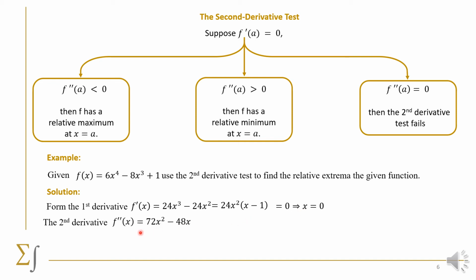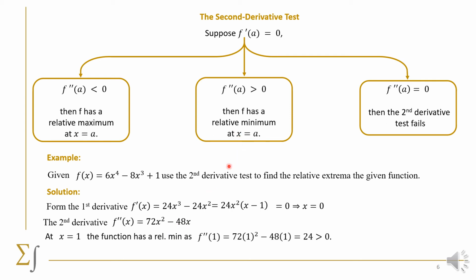Now, we try to find the second derivative of f of x. So we have f double prime of x is equal to, I differentiate the first derivative, 72x squared minus 48x. At x equals 1, the function has a relative minimum. We substitute for each x by 1. We find that f double prime is greater than 0.